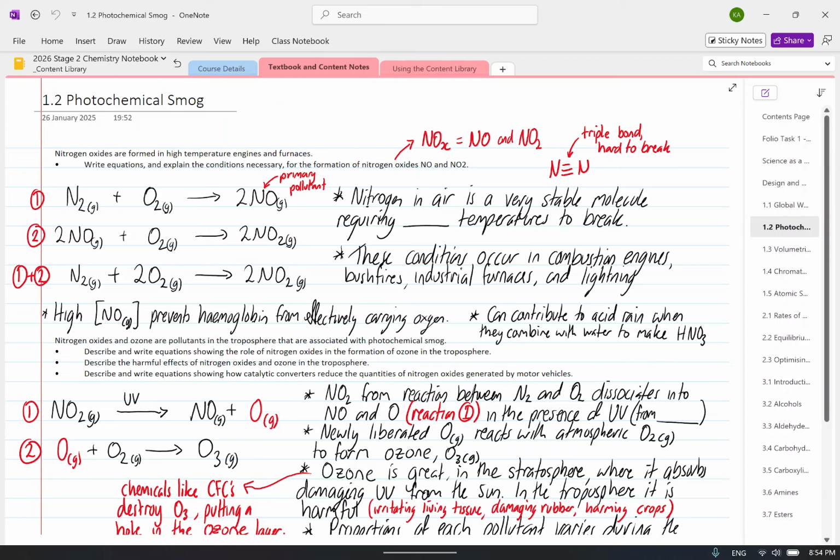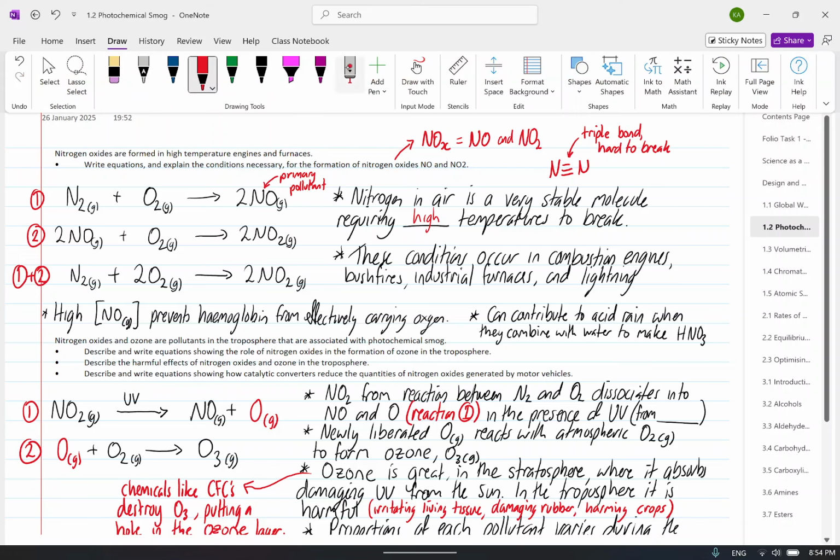because nitrogen is a very stable molecule. It has, as you can see in the top right here, nitrogen attached to itself in a triple bond, which makes it hard to break. Because it's so stable, it requires very high temperatures to break it apart.